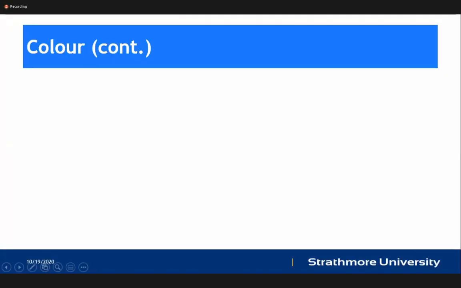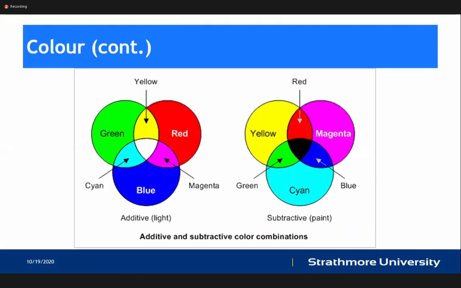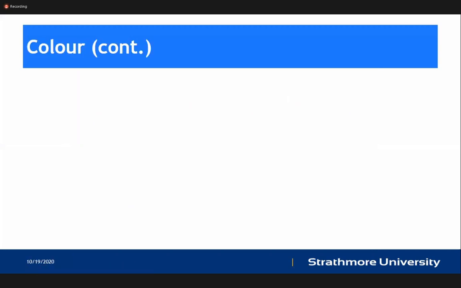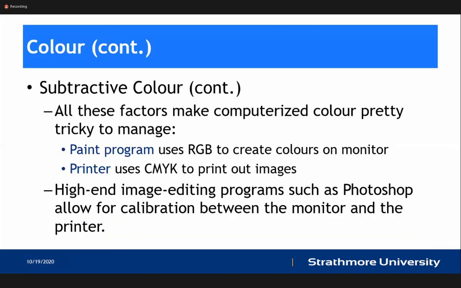So in summary, you have additive colors, red, blue, and green, and then the subtractive colors, yellow, magenta, and cyan. So we've explained these.